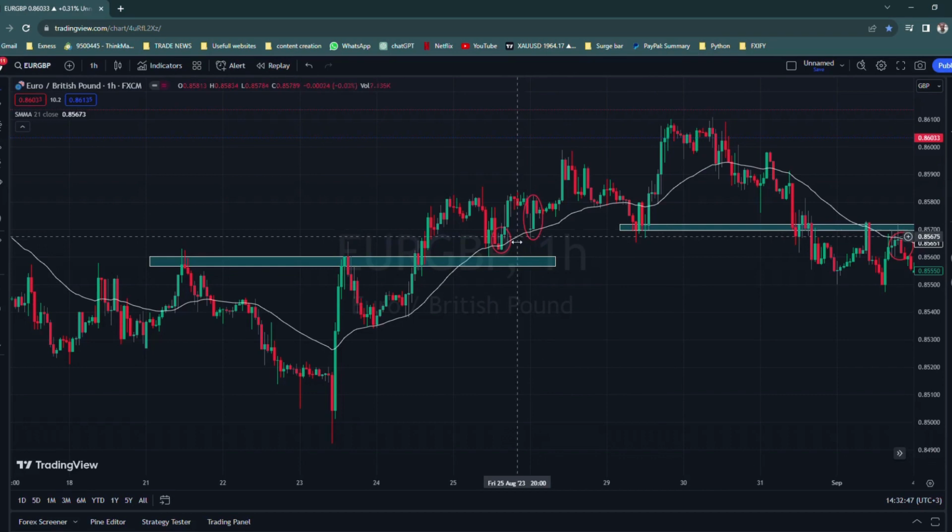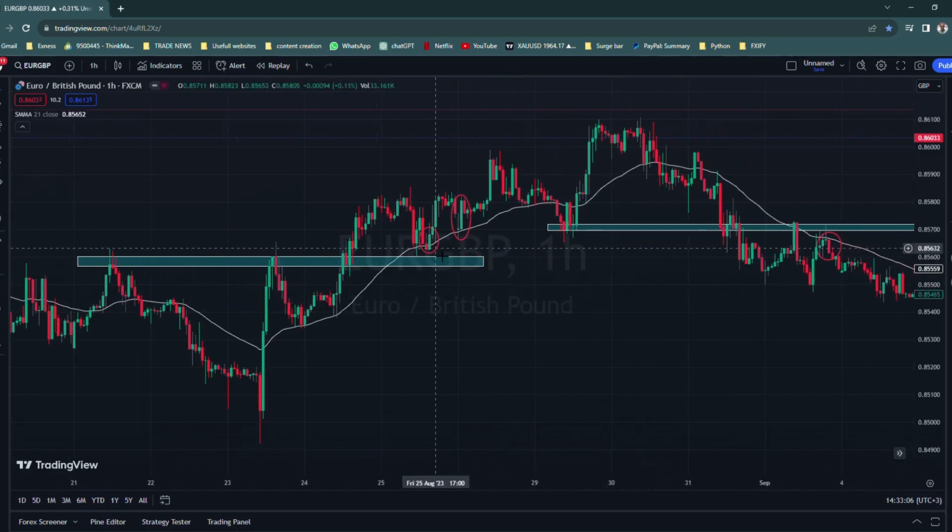Now these two match exactly our strategy of trading the engulfing candle in conjunction with the 21-day moving average if you are in a trend. This will be different when you are in a range, but this video is specifically about when you are trading in a trend.